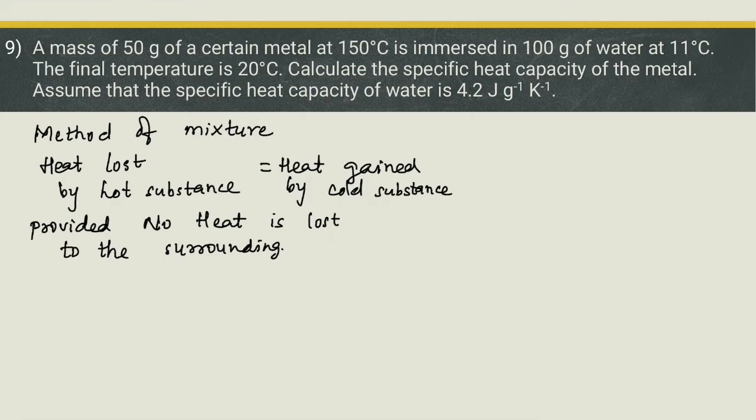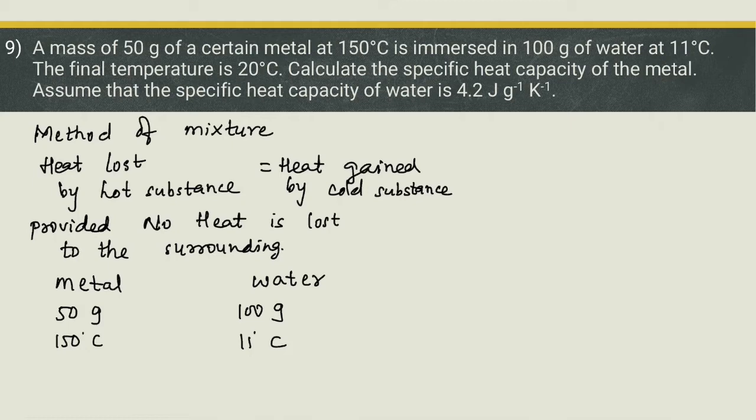So here in the question, let us figure out which substance is hot. Okay, so metal is given and water is given. What is the mass of metal? 50 gram at 150 degrees Celsius is immersed in 100 gram of water at 11 degrees Celsius. So now it's clear that metal is hot substance and water is cold substance.